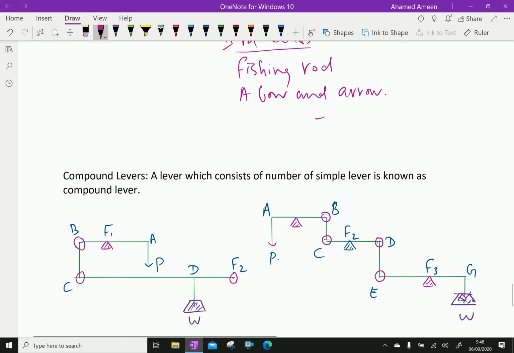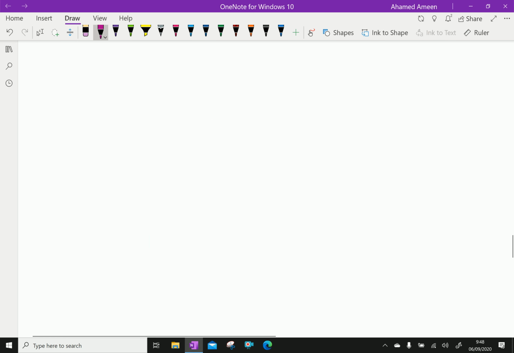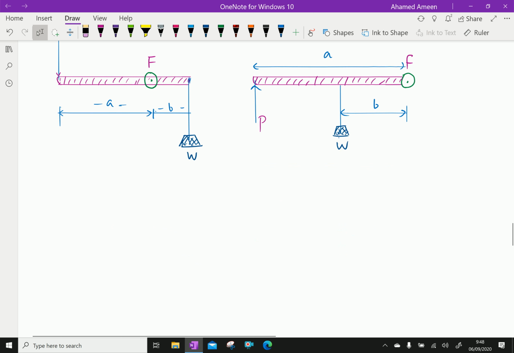Now in a simple lever, let us discuss leverage first.